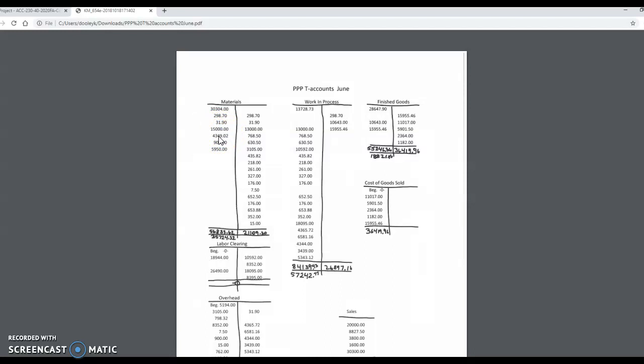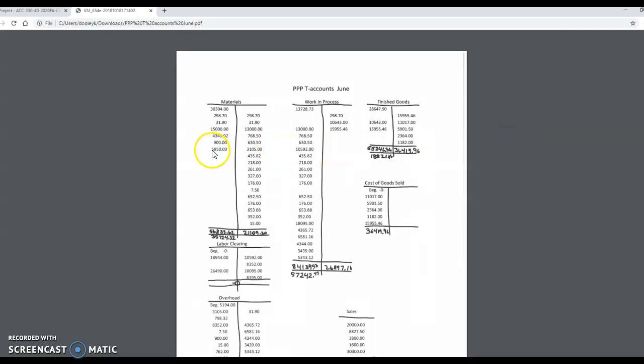Now, we also had $798.32 of building repair services. So those are not materials. That's a service on the building, repairing the building. And so that is an overhead cost. So that's down here. And we would have credited accounts payable for that too if we were in real life.